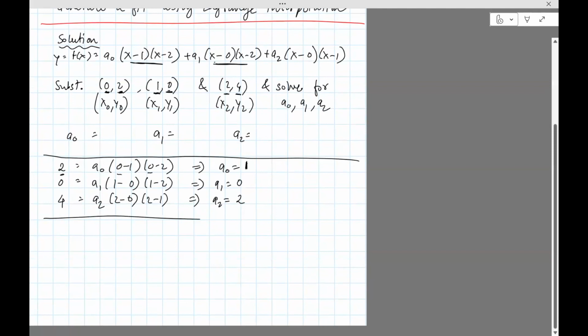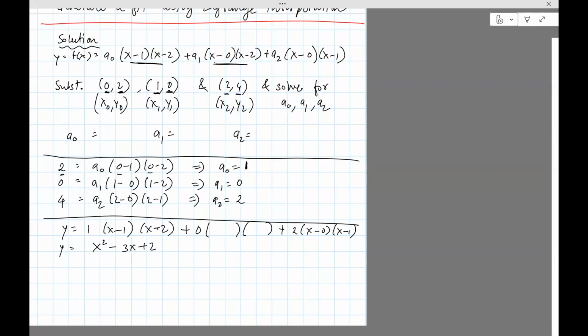Okay, so we're not done yet. Let's see what the expression looks like. So a0 is 1, x minus 1, x minus 2. Next one is all 0, so it doesn't matter what's in the brackets. a2 is 2, x minus 0, x minus 1. Let's try to simplify this. We have x squared minus 3x plus 2.